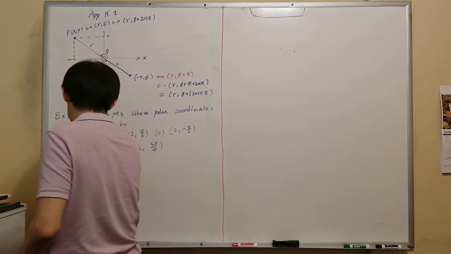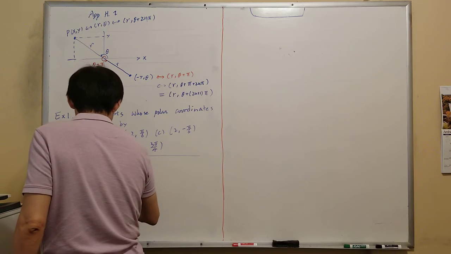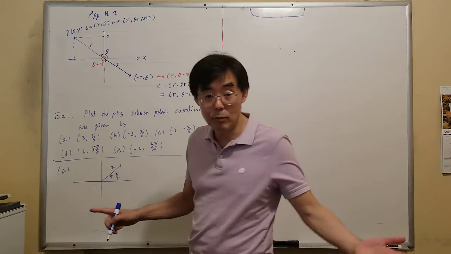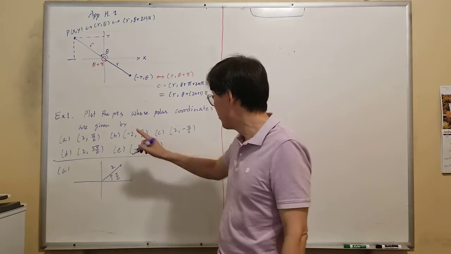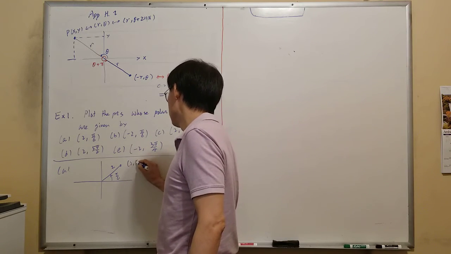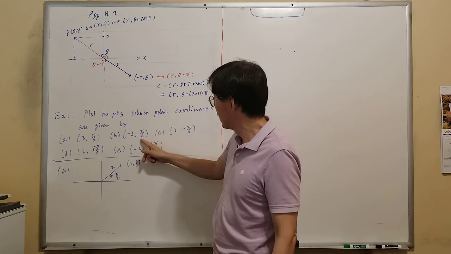A. Pi over 6 over here is 30 degrees. Distance 2. That would be the location. B. This is minus 2, pi over 6.